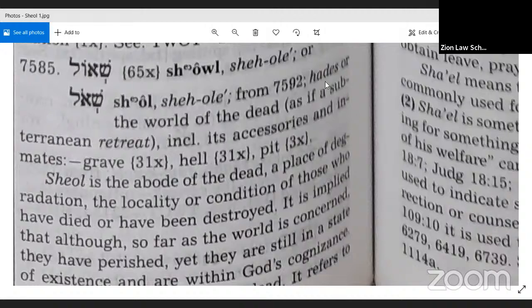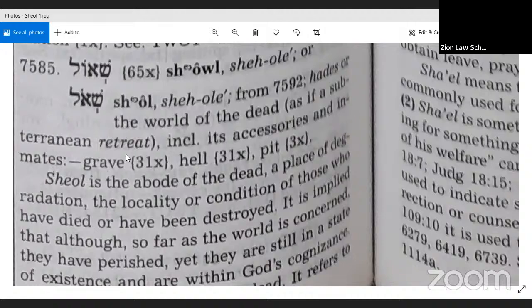So, Hades, or Turanian retreat, includes its accessories and inmates. Okay, so this word hell has accessories and inmates.